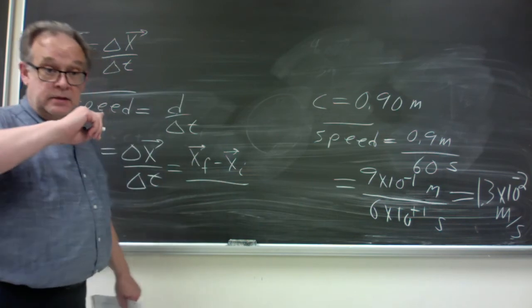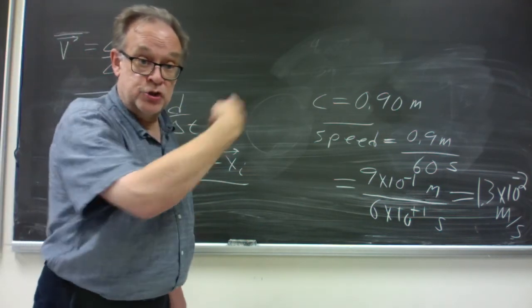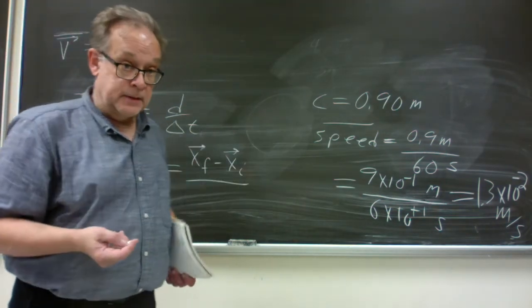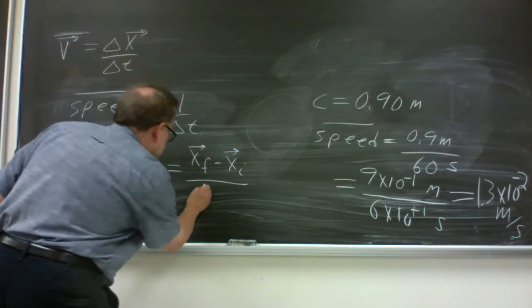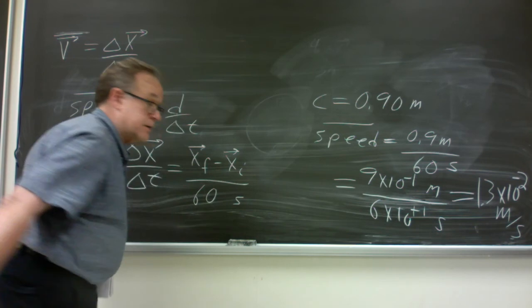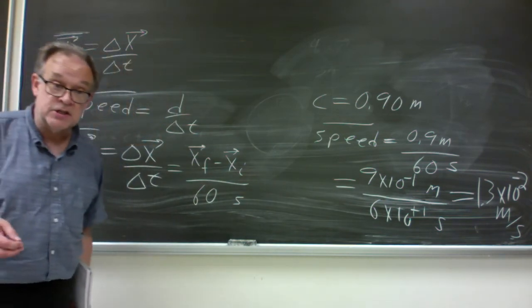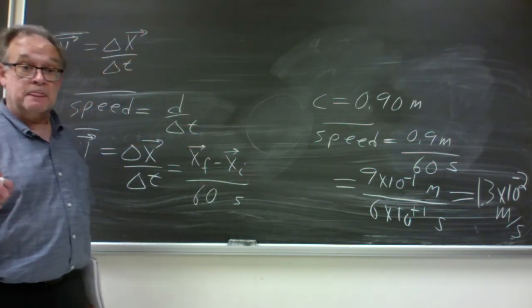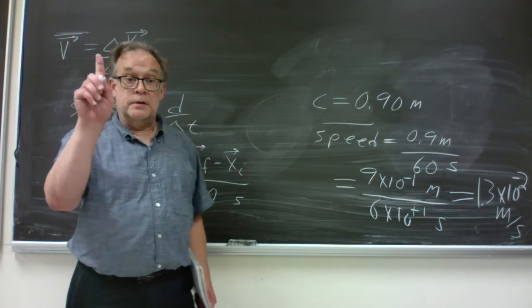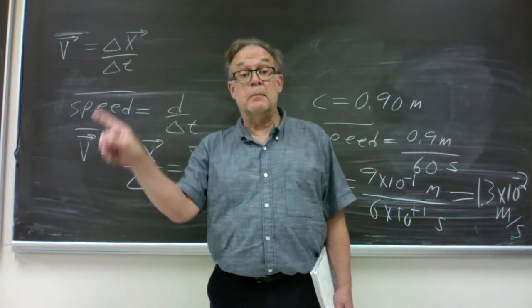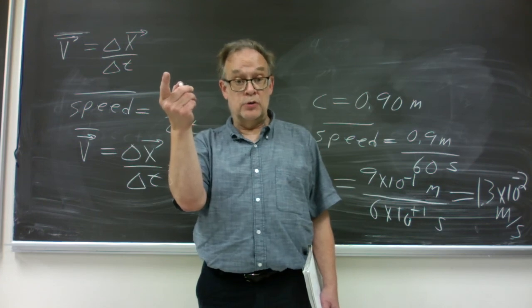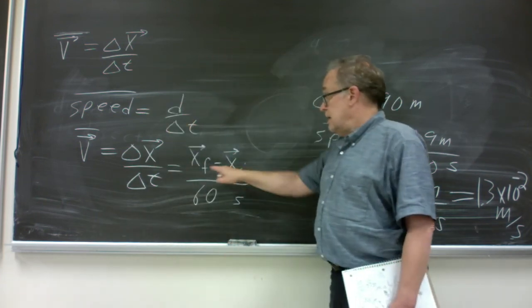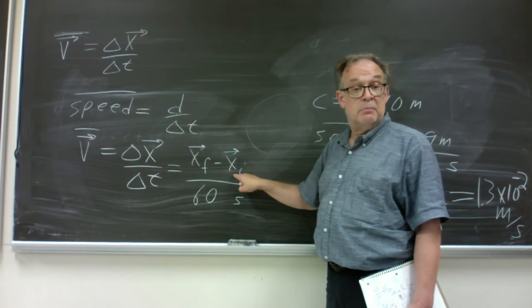And in this case, the second hand makes one circuit around the circle in 60 seconds. 60 seconds is the denominator there. 60 seconds is delta t. But the tip of the second hand makes one complete 360-degree trip around the circle, which means it ends up at the same place where it started.